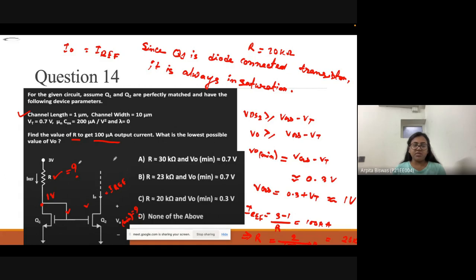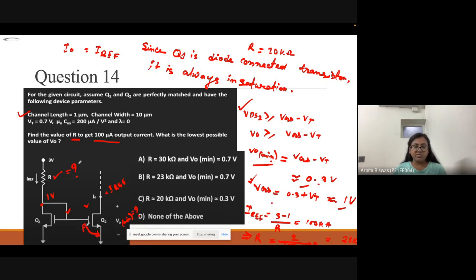So we have taken the equation VDS greater than or equal to VGS minus VTH, and then we have calculated the minimum value of the V output. And then the VGS value from this Q2 we have found out from there, because the VT value is given and the V output minimum value is given, so the VGS value is 1.